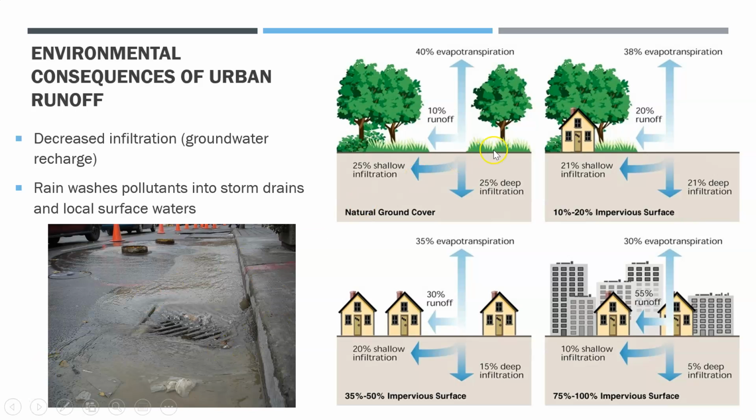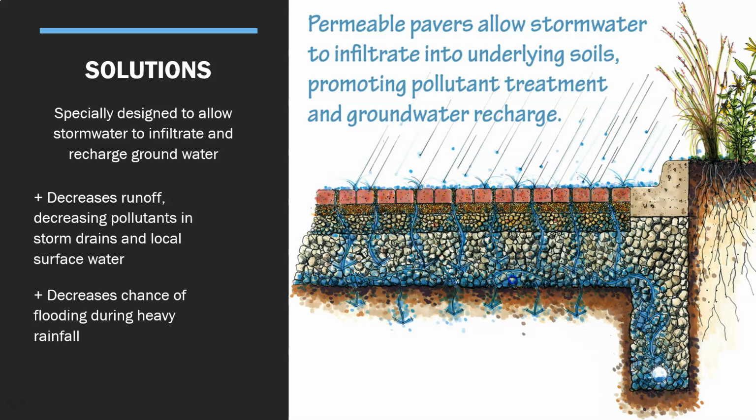Looking here at the increasing amount of impervious surfaces in an area, going from a natural area to a place with just a house, to maybe a suburb, to an urban area, we're getting almost 50% of the water infiltrated, then we're down to 42%, then 35%, and lastly, only 15% of that water is making it back into the groundwater. Additionally, this rain can wash pollutants into storm drains and local surface waters, which eventually make their way into our drinking water. So let's talk about some solutions.